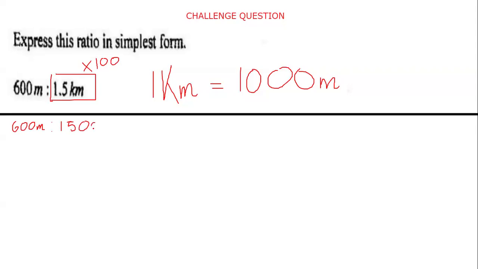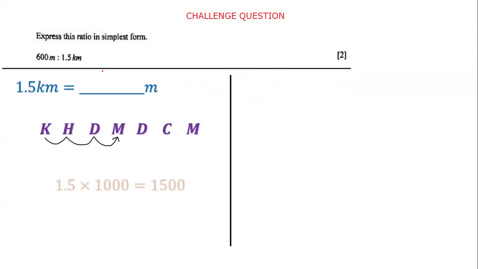Why or how? It's because we multiply it by 1,000. And so what we have here is 600 meters to 1.5 kilometers. What's H and D? Those are just other units, you could look in your book, like hectometer and decameter and decimeters.